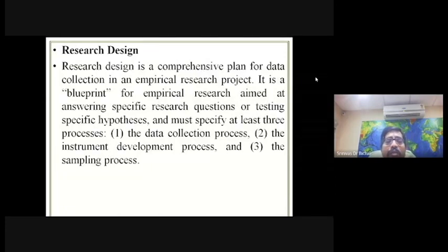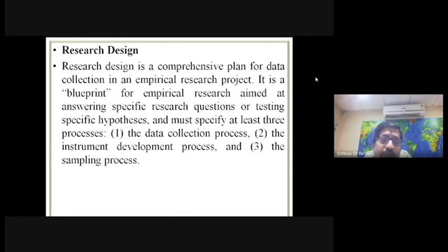Now you see, in the design of a research we have many processes. One is the data collection process, the second is the instrument development process, the third is the sampling process. Data collection is, of course, how do you collect data? Like you have previous literature. Maybe in our days there was no internet, so we had to go to the library and collect journals, maybe photocopy them.